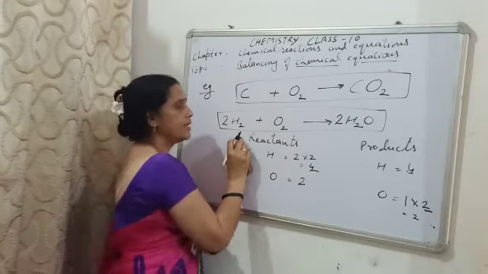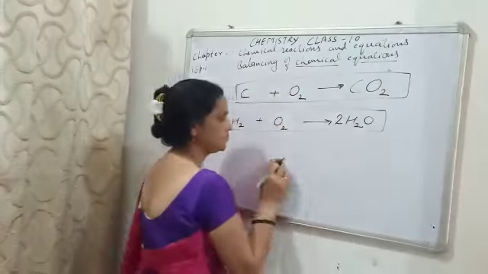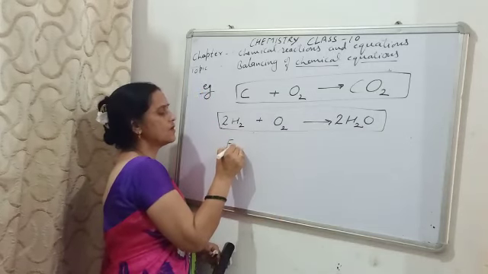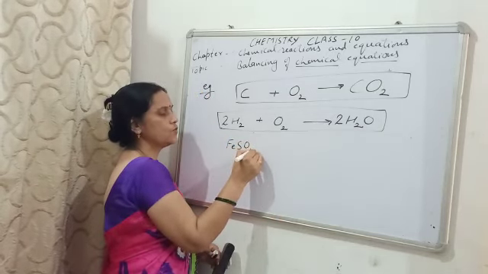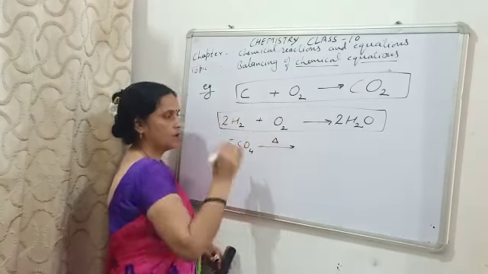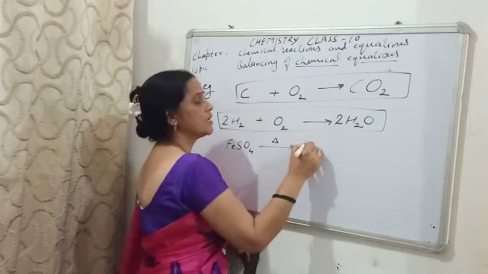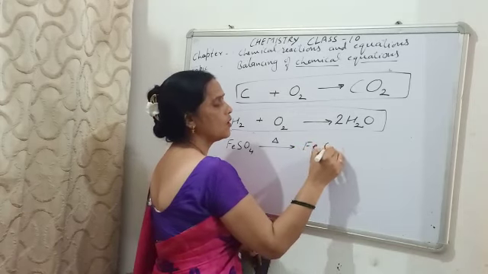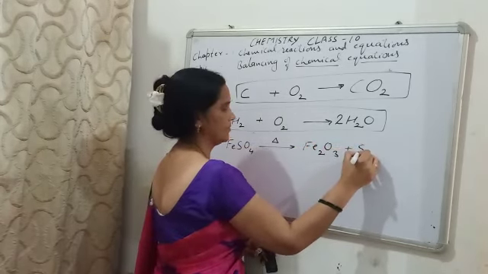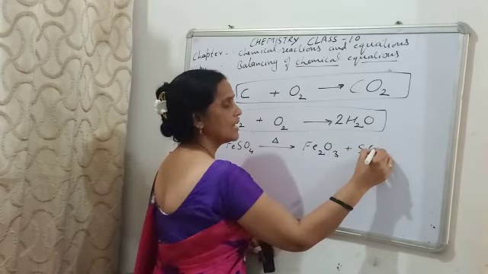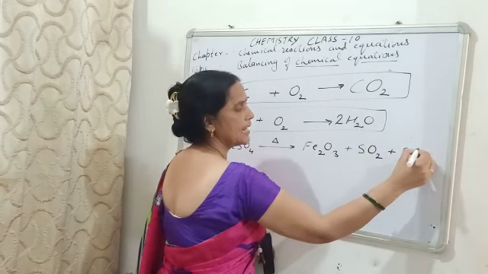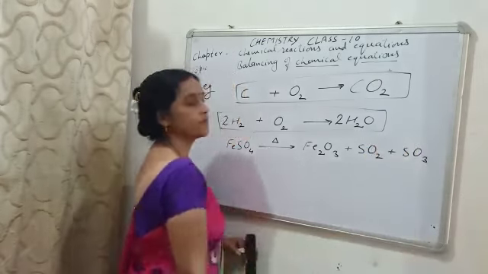Take one another example. Ferrous sulfate, FeSO4, on heat gives out ferric oxide, Fe2O3, SO2 and SO3.